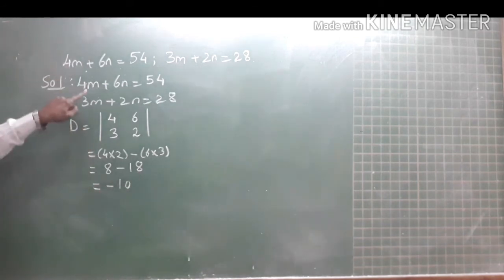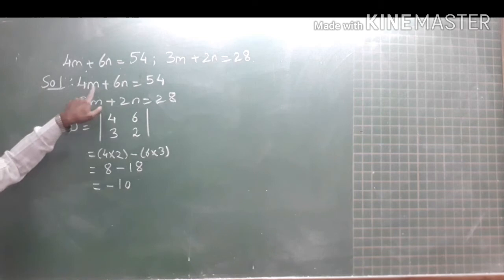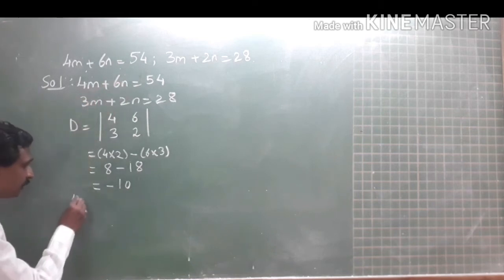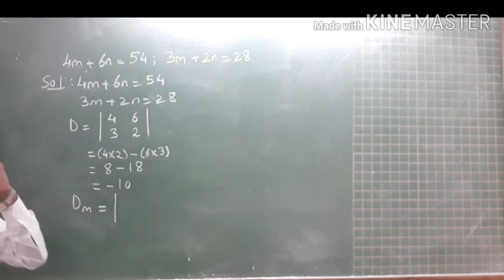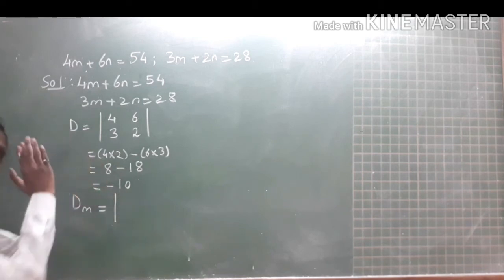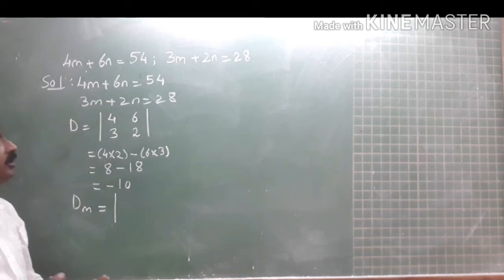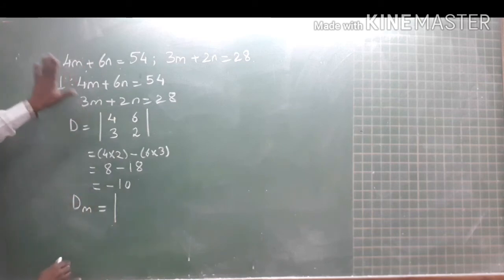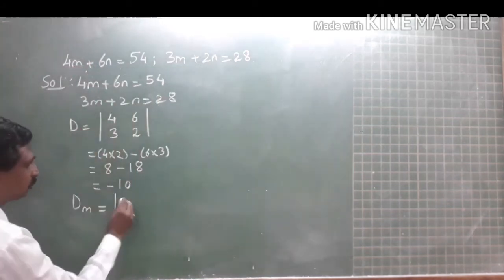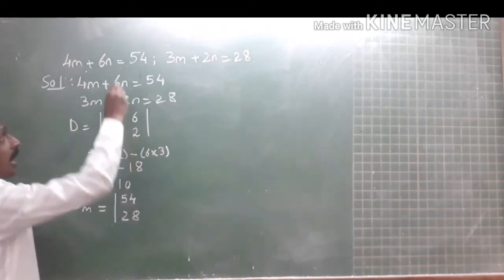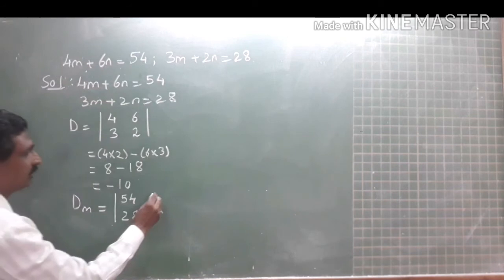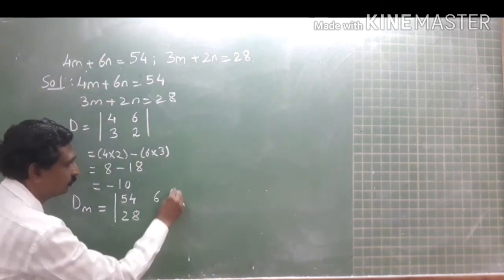Let us find now, here if you see the variables are m and n. So we will find d of m, same as d of x, but the variables are changed over here. Now, what we are going to do here, we will give c1, c2, that is 54, 28, and this 6, 2.